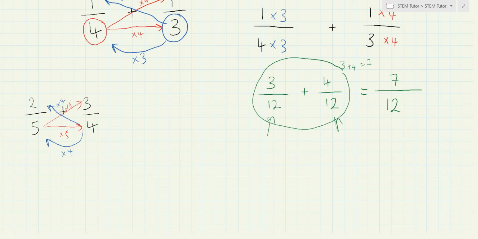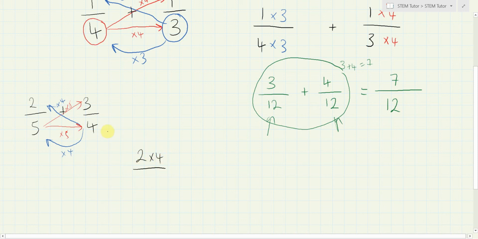So that leaves us with 2 times 4 over 5 times 4 plus 3 times 5 over 4 times 5.